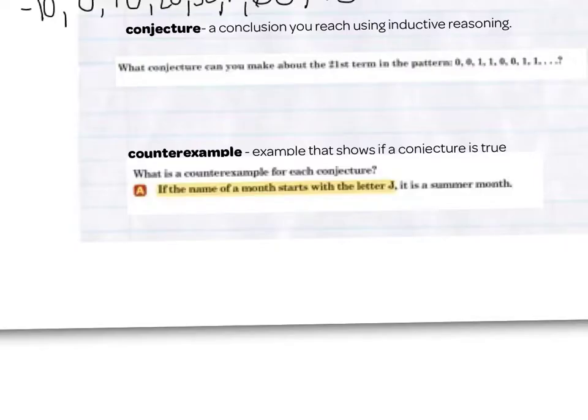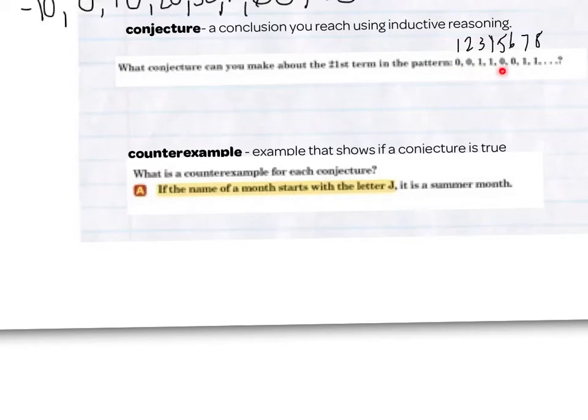Another important term is conjecture. You've probably heard it, but maybe not in a math class. A conjecture is a conclusion you reach using inductive reasoning. In this example, what conjecture can you make about the 21st term in the pattern 0011, 0011? The first 2 terms are 0, the next 2 terms are 1, and then that pattern repeats.